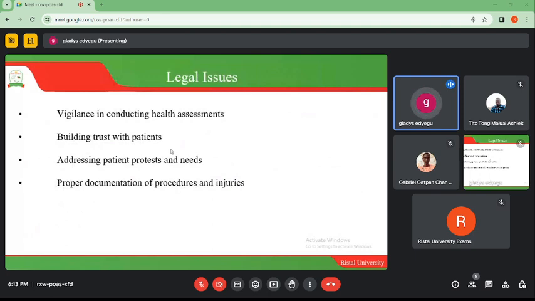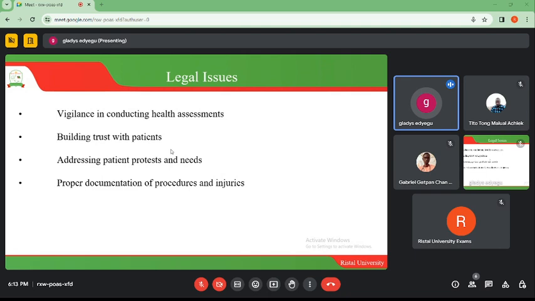Then we want to look at legal issues. There are some legal issues during health assessment which we also need to understand, because when we have these patients, there are certain things we need to look at in the legal aspect. So, vigilance in conducting health assessments. You have to be very vigilant, and that's why they say a nurse has to be observant, not just doing things the way you want, but having a rationale.